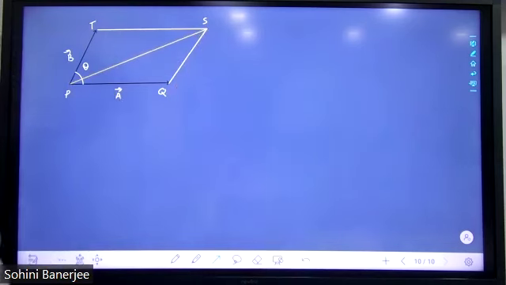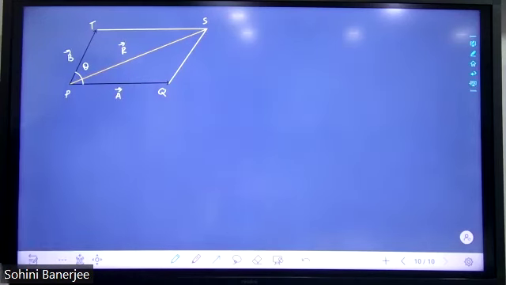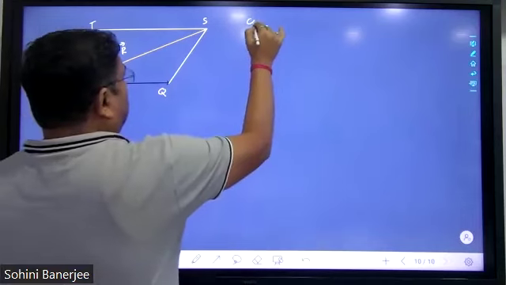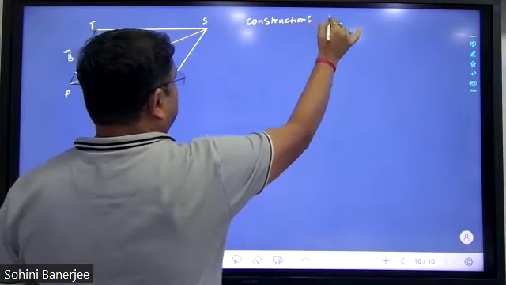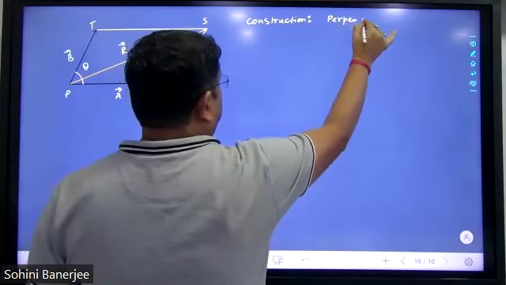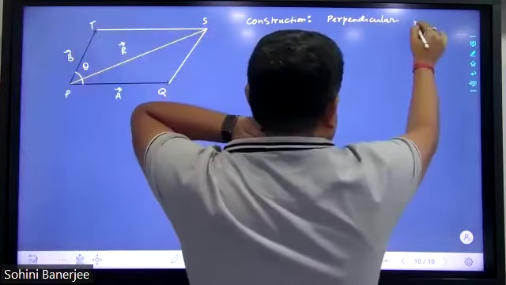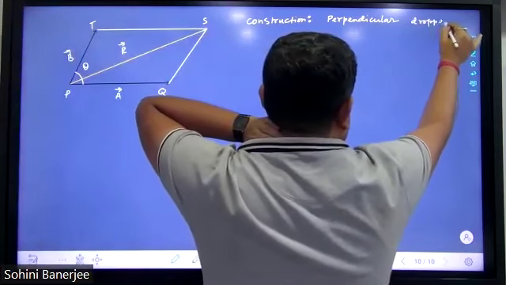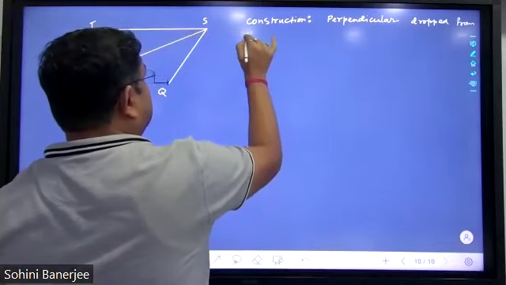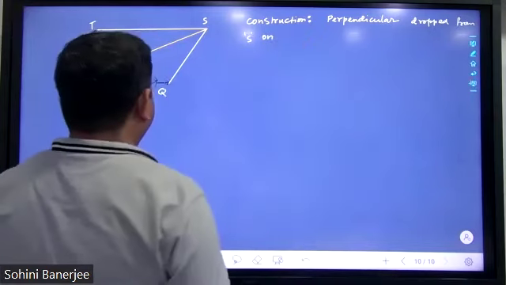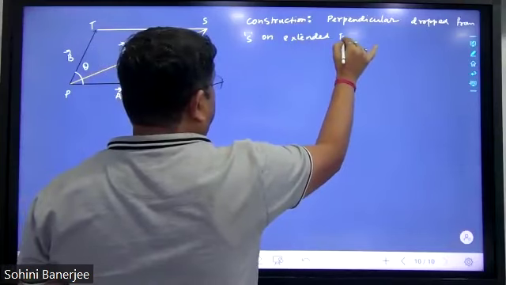Resultant R. Now construction: perpendicular dropped from S on extended PQ.